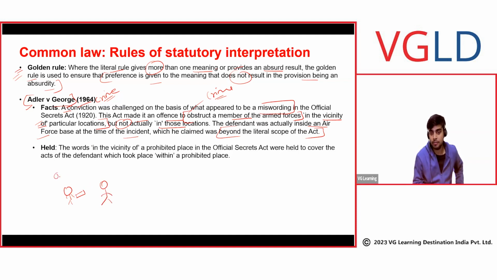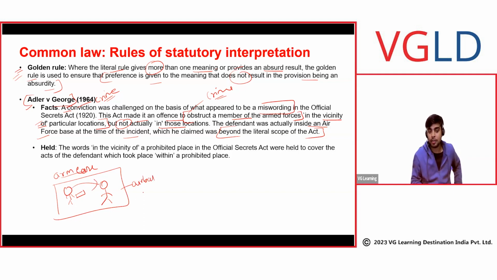Very strange case. Okay, they are in a particular vicinity, let's say an air base. Now this person has struck this person. The act says it is an offense to obstruct a member of the armed forces in the vicinity of a particular location.